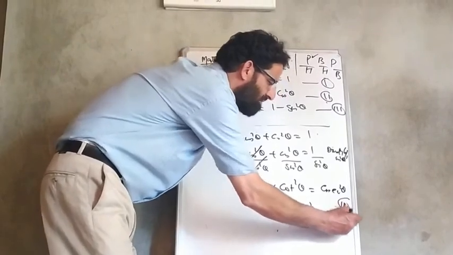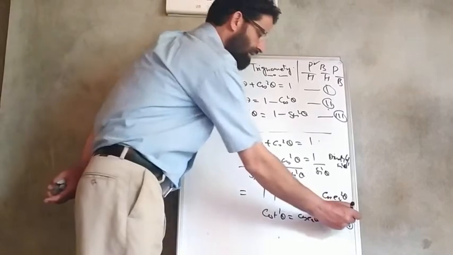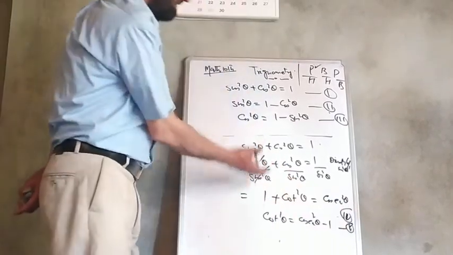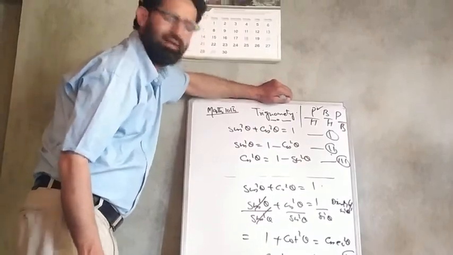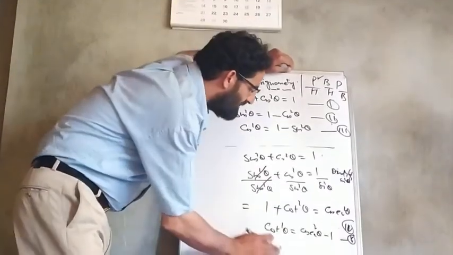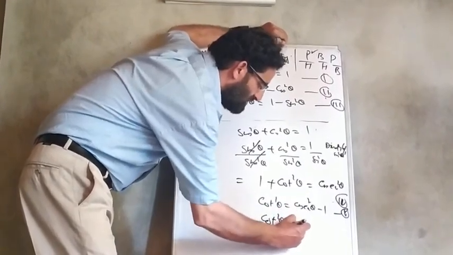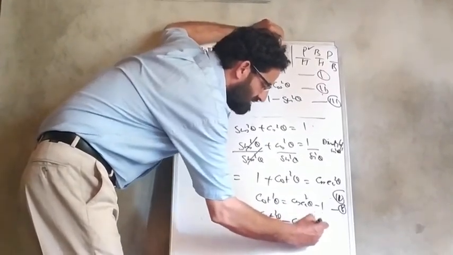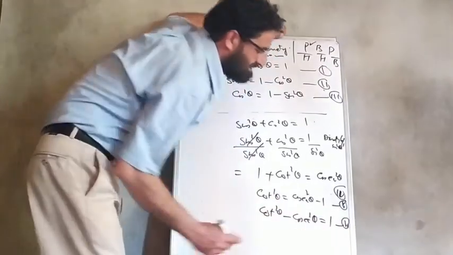This is identity number 5. So we again derive this from the basic identity, that's the fundamental identity. Again we shall write here cot square theta, cosec square theta transferred to this side: cot square theta minus cosec square theta is equal to minus 1. This is identity number 6.